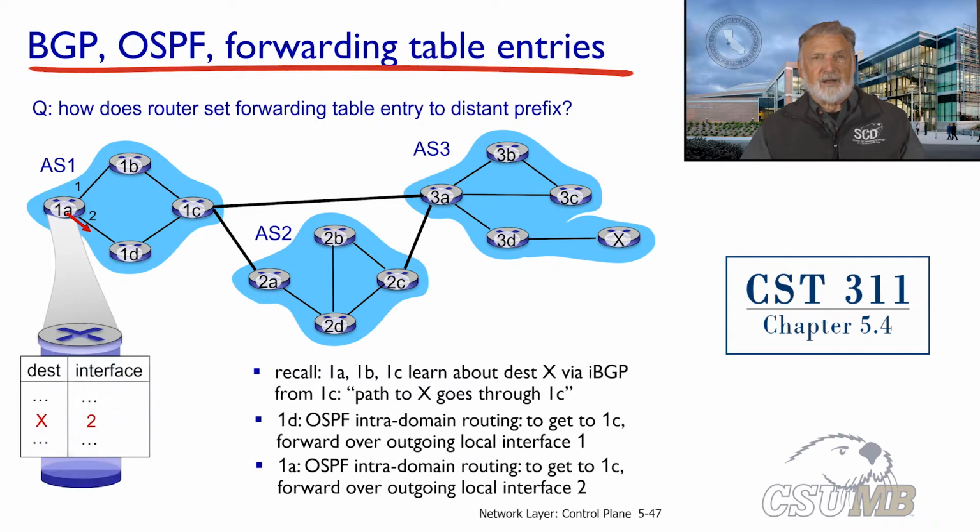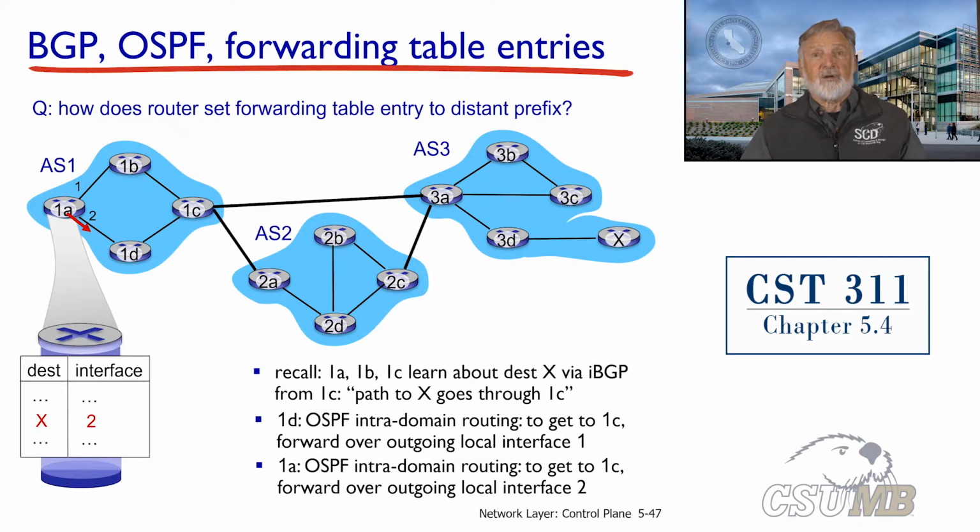In the next slide, the task is to get packets from router 1A in AS1 to destination X. As before, gateway 1C in AS1 has learned the route to destination X from eBGP. This gateway router has propagated this information to all AS1 routers via IBGP.